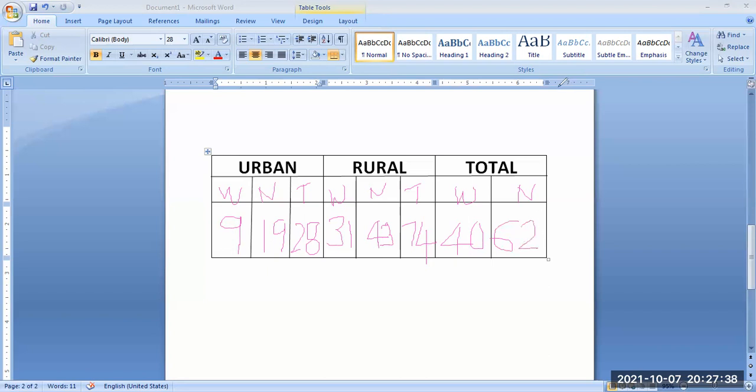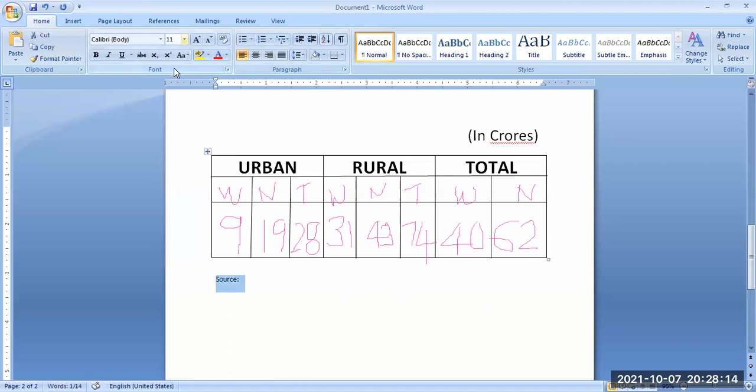Did you understand? Yes, sir. So again, in every table compulsorily we have to mention the units, here in crores. Another thing is also important, I told you already: what is the source from where you got it?